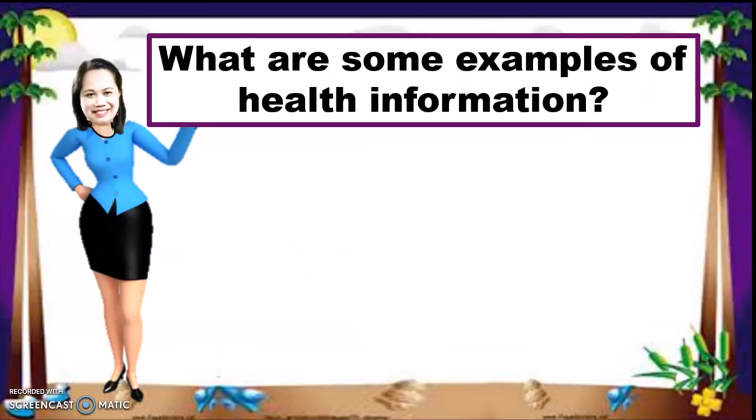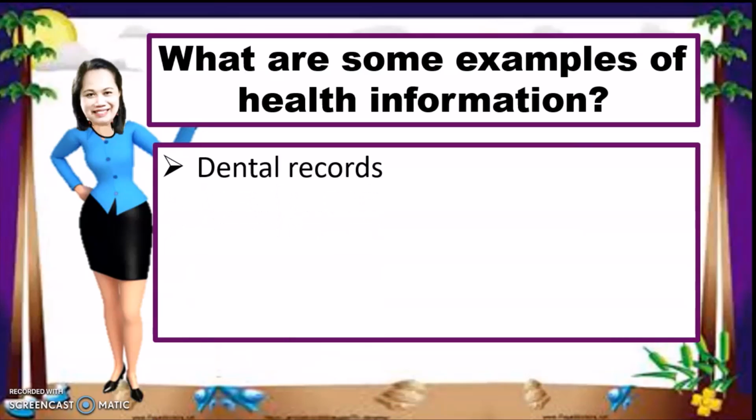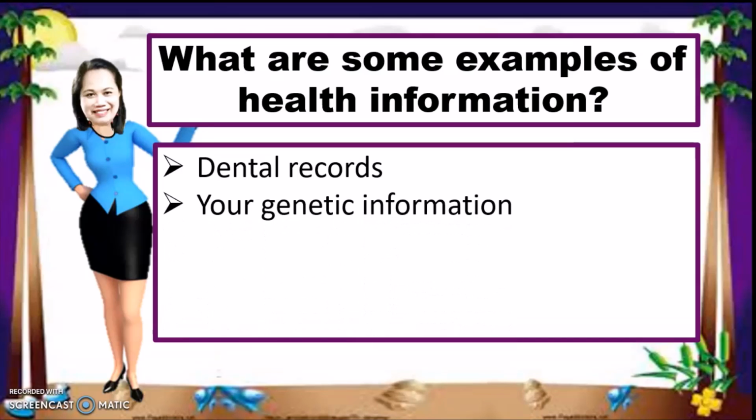The next one, what are some examples of health information? So, we have the dental records. When you go to the dentist, the record that you have is the dental record. And then, your genetic information.